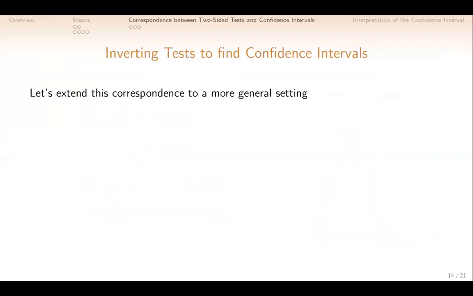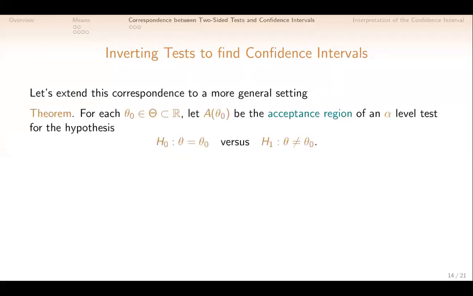So you probably saw all this in an elementary, or your freshman or sophomore level, statistics class, maybe not explained so mathematically. So what I want to do is this in a more general setting. So here's a theorem. I'll let theta naught be some parameter, and I'm thinking about a real parameter, a parameter space that's a subset of the real line for this.